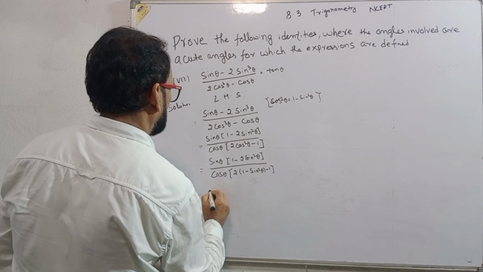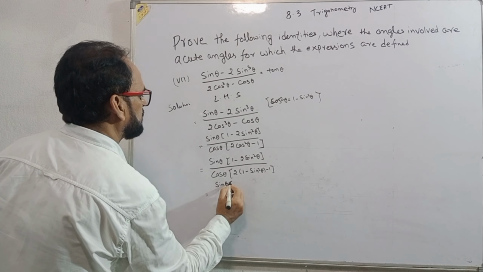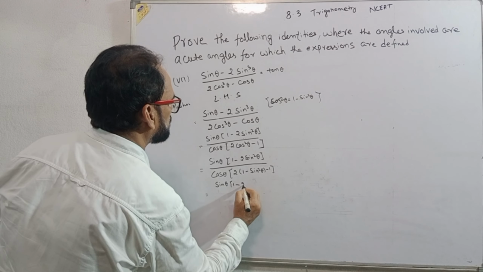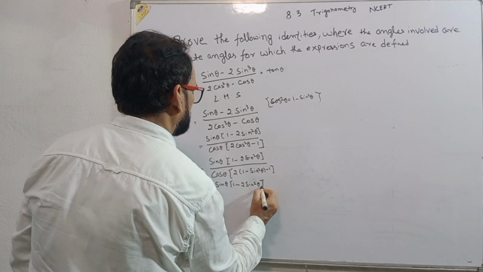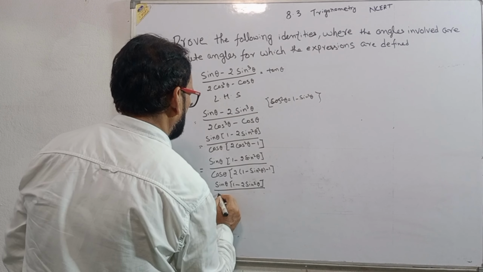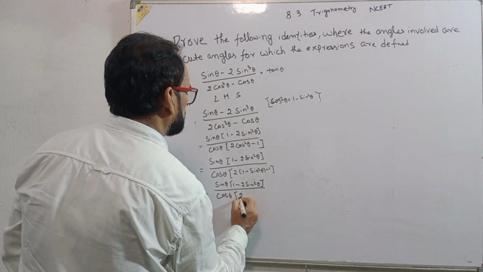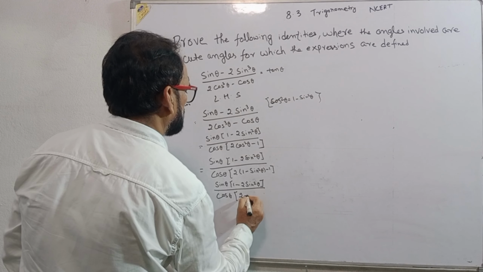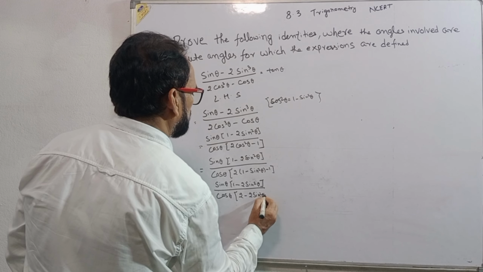Now sin theta into 1 minus 2 sin square theta divided by cos theta. Here 2 sin square theta minus 1.